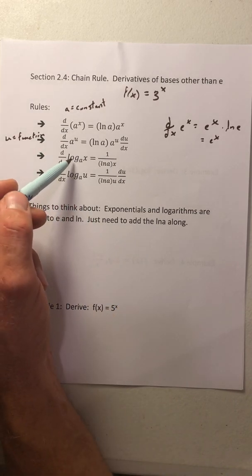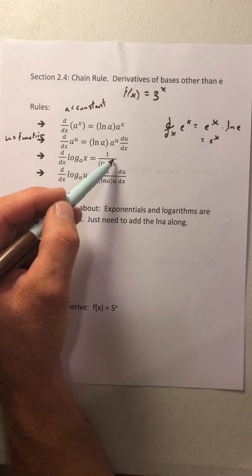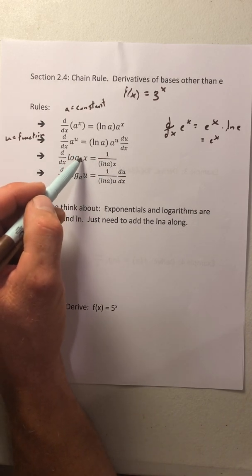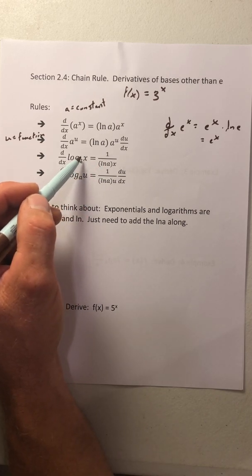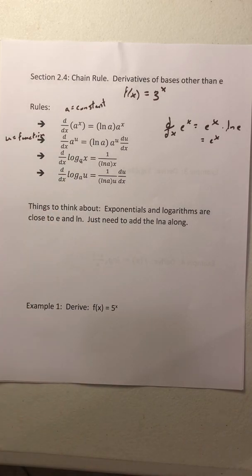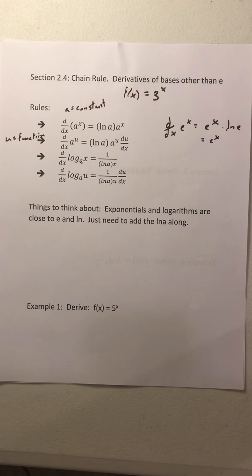Also with your logs, so log base a of x, we're going to take 1 divided by the natural log of that constant, that base now, times x, or just that x value.